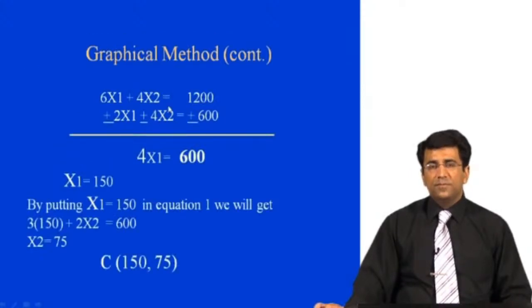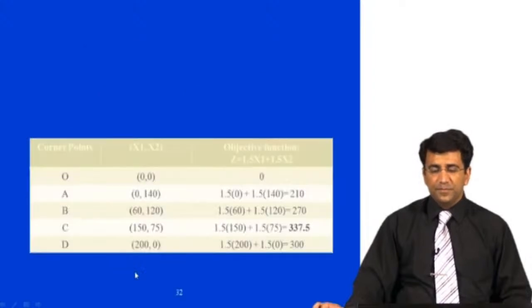If we solve these two equations by the simultaneous method, we get x1 equal to 150. Putting the value of x1 in this equation, we get x2 equal to 75. So the coordinates of point C are 150 and 75.